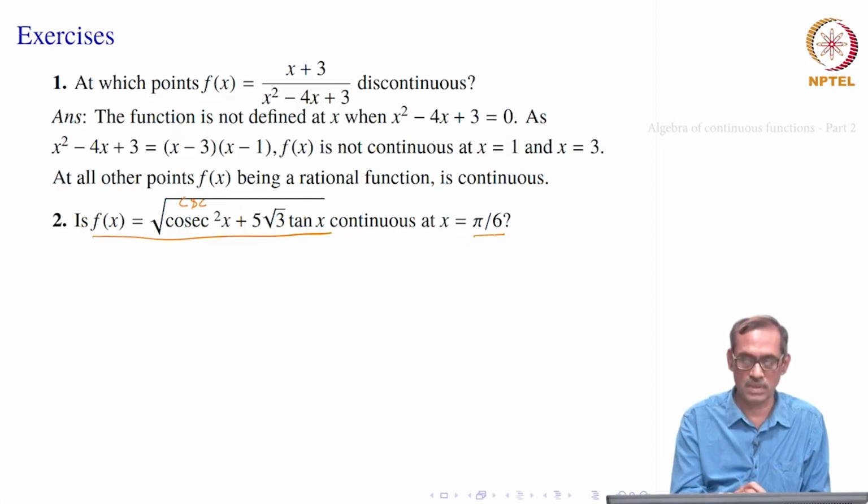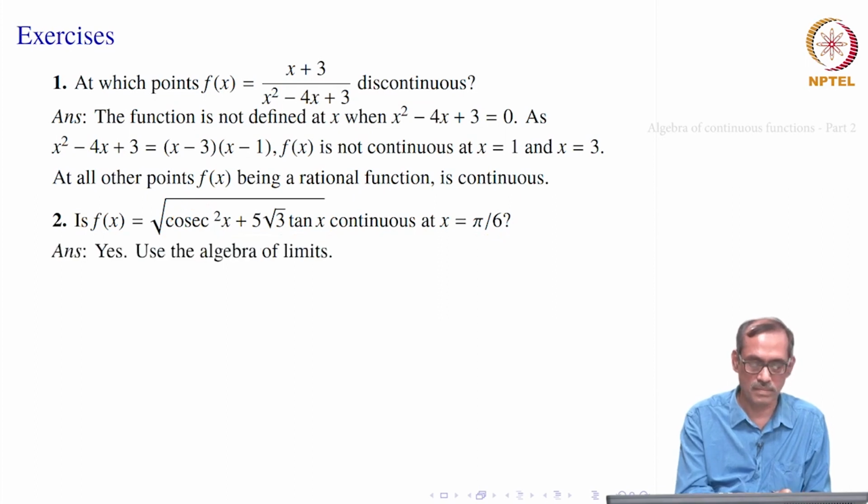At pi by 6 the function is well defined, and tan x is continuous, cosec x is also continuous, 5 root 3 times tan x is continuous, cosec square x is also continuous because it is cosec x into cosec x. So, the sum is continuous and it is under a square root. So, it is a composition, taking the square root of that also should be continuous, right.